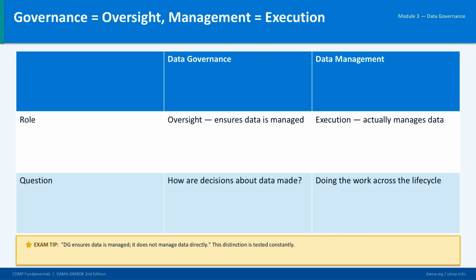In the same way, data governance professionals set the rules for managing data assets, and other functions carry those rules out. So on one side you have data governance, oversight, ensuring data is managed, focused on how decisions about data get made. On the other side, data management, execution, actually doing the work across the lifecycle. If an exam answer says governance manages or executes data directly, that's your signal it's wrong. Governance oversees, management executes.